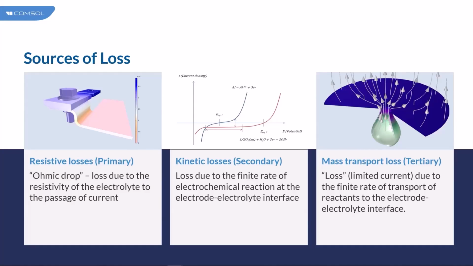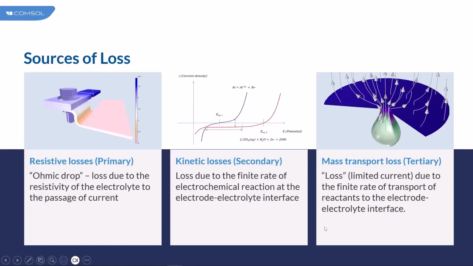And if you want to include tertiary effects, you can take into account the loss due to the transport limitation of species towards the electrolyte-electrode interface. So these are the different loss mechanisms that are considered in the interfaces that we have for primary, secondary, and tertiary current densities.